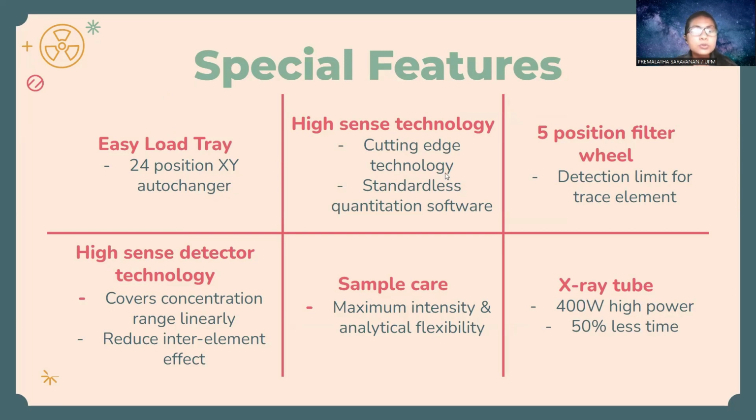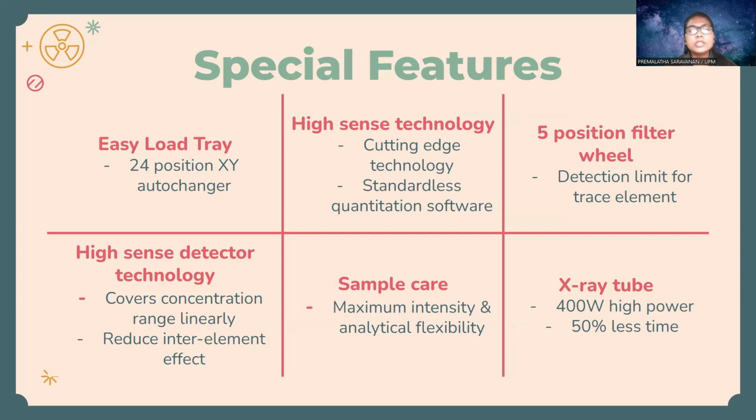With up to 4 sample masks for different sample sizes, up to 4 analyzer crystals and 2 detectors, enables fast multi-element analysis for the entire concentration range from ppm to 100%.